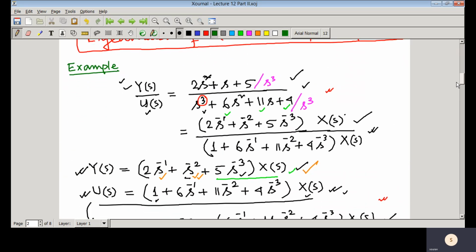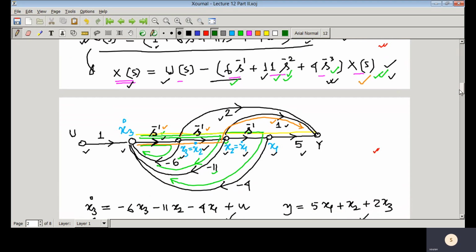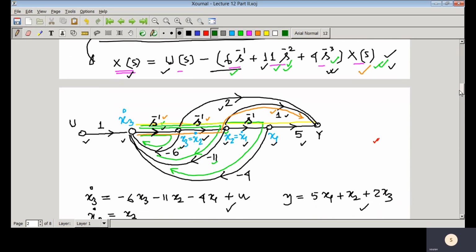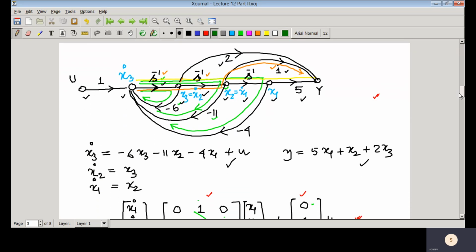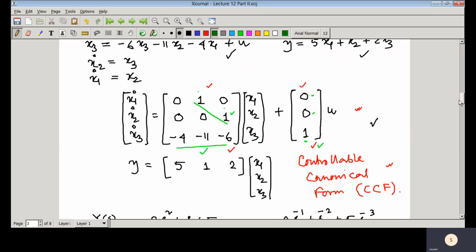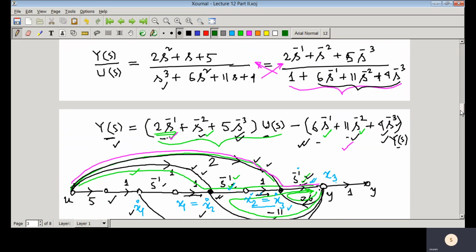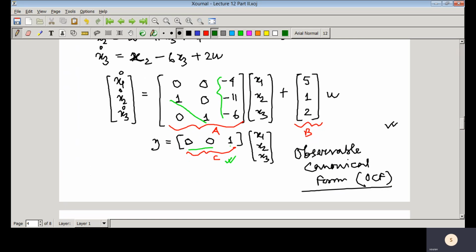Then we took one more example, and from there we got two special types of realization structures. One is called the controllable canonical form, where the A and B matrices have some special structure, and the other is called the observable canonical form, where the A and C matrices have some special structure.